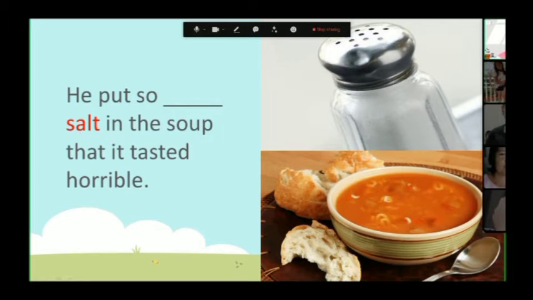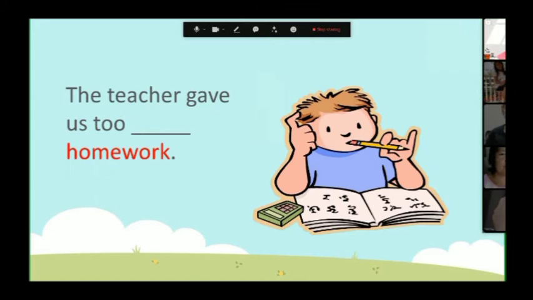We cannot count salt, so we use much. Yes. He put so much salt in the soup, so it tasted horrible. So this word horrible means it doesn't taste good. Okay, next.